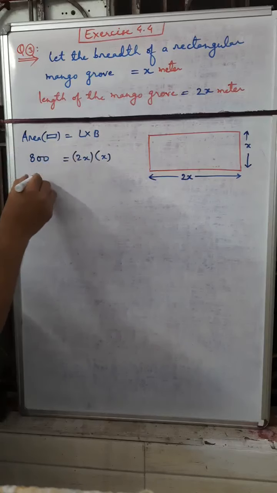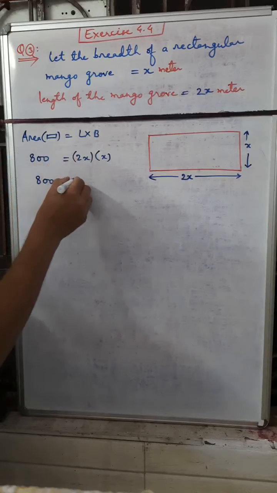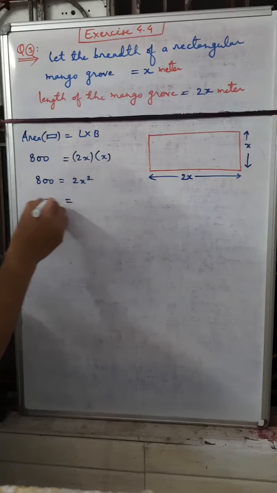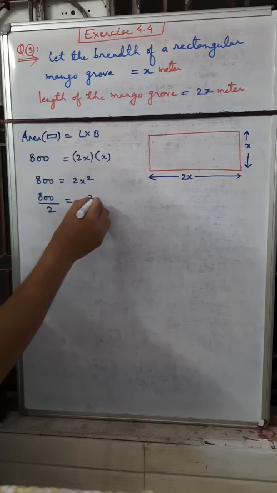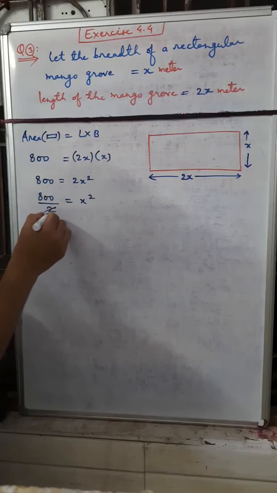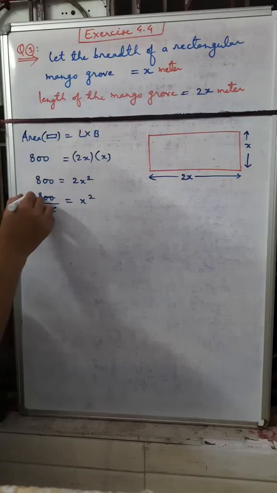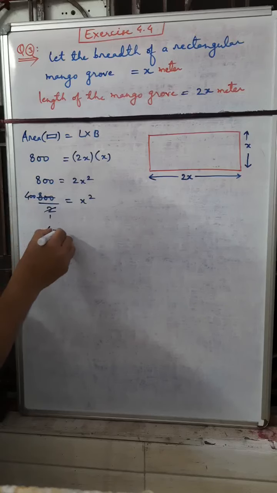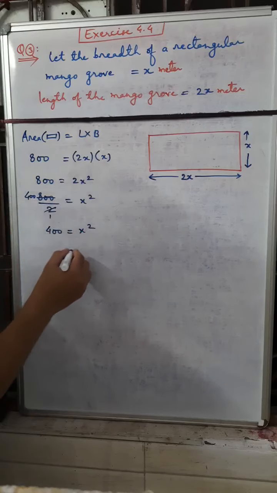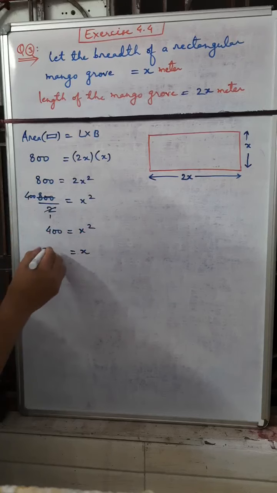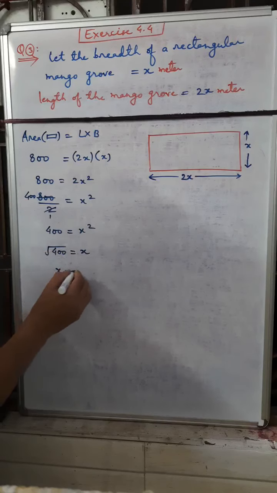So we will get the equation 800 is equal to 2x square. That means 800 divided by 2, so we will get x square. 2 4s are 8, 400. So 400 is equal to x square. That means x is equal to under root 400. So x is equal to what? Plus minus 20.